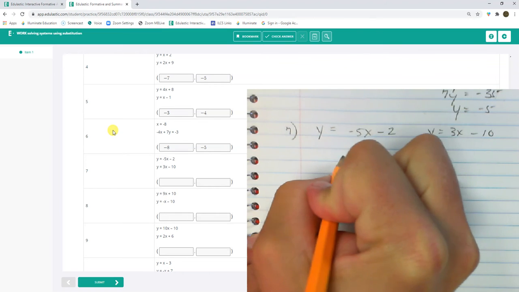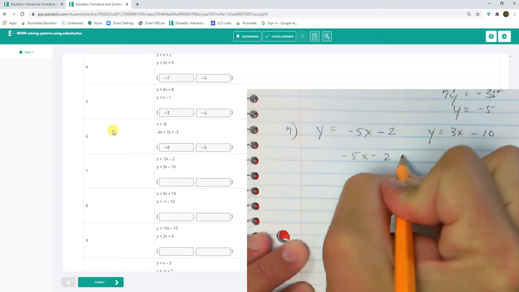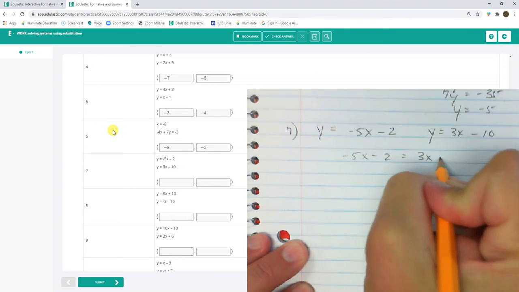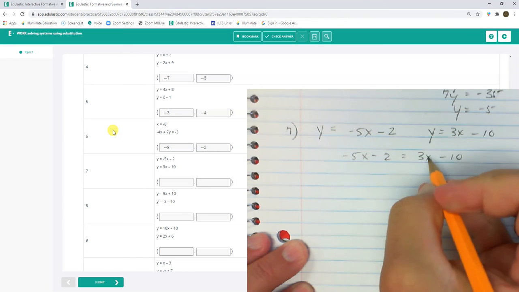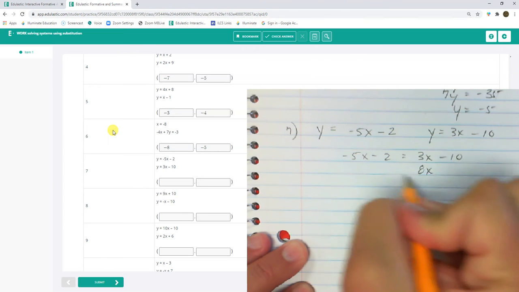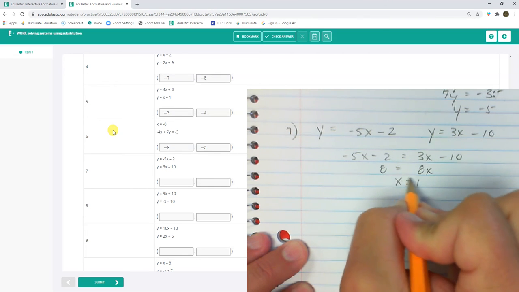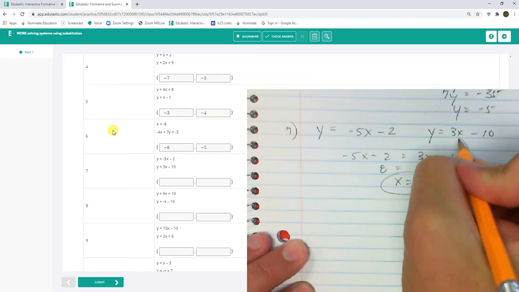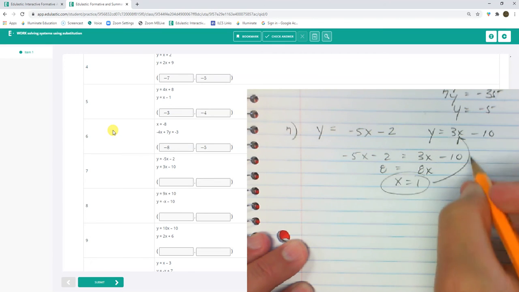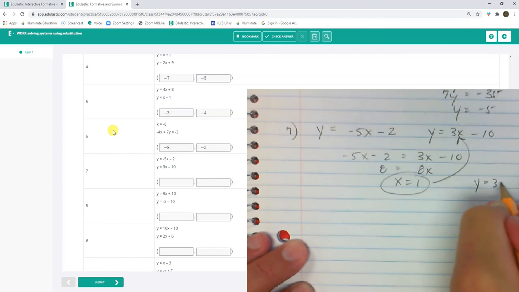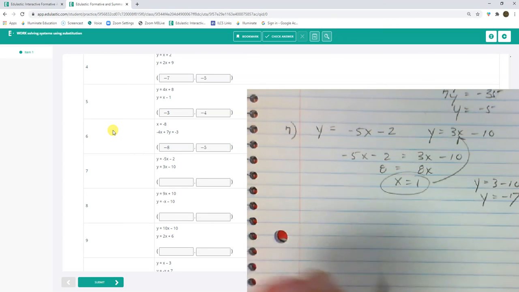Set them equal. -5x minus 2 equals 3x minus 10. Adding 5x to both sides gives me 8x. Adding 10 to both sides gives me 8. So x equals 1. Let's take that x equals 1 and put it right there. So y equals 3 times 1, so y equals 3 minus 10, so y equals -7. So 1 comma -7.